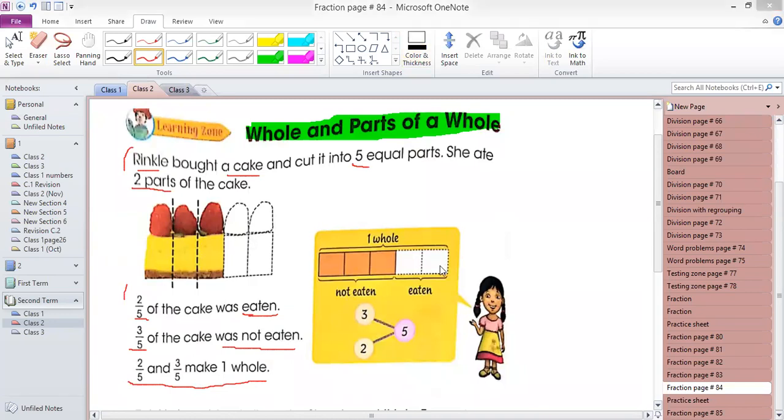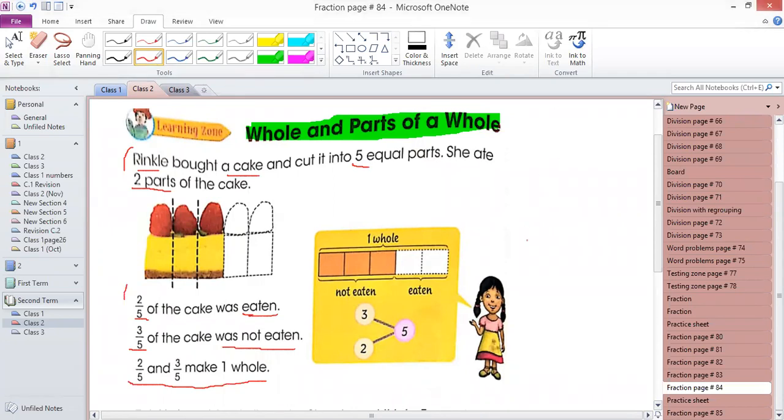Welcome. All right, guys. So what he has read, and what is written here in the example for the topic of whole and a part of a whole. Wrinkle bought a cake. A cake means one cake. She cut it into 5 equal parts. If she eats 2 parts of the cake, how much cake is eaten? You can easily write its fraction.